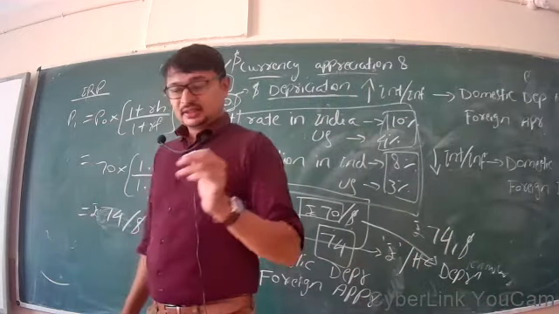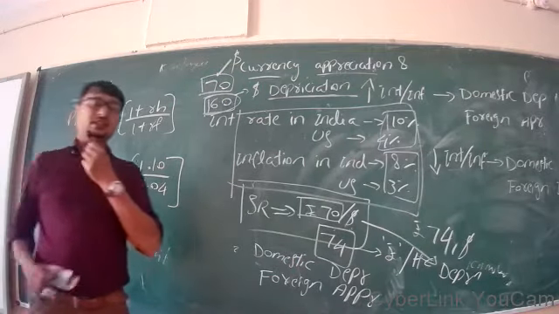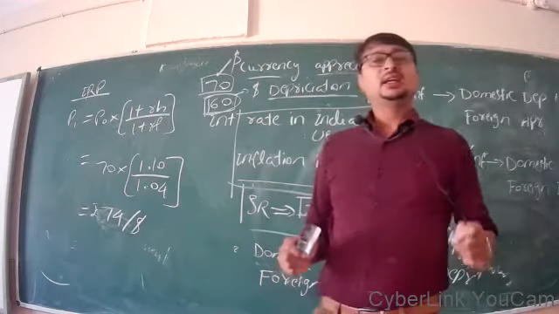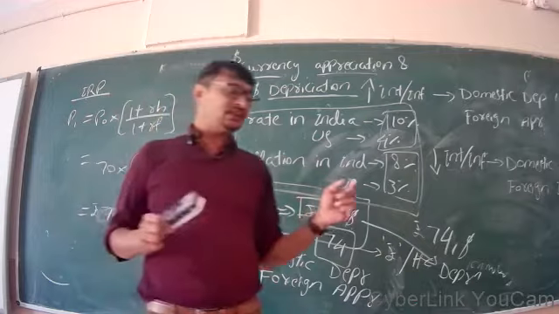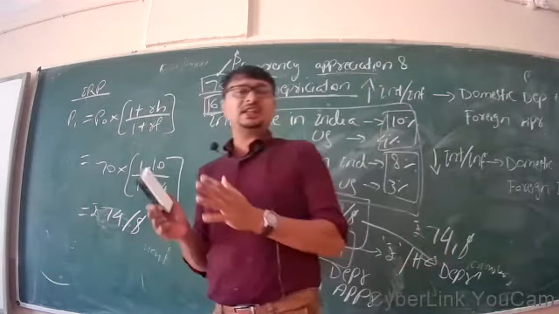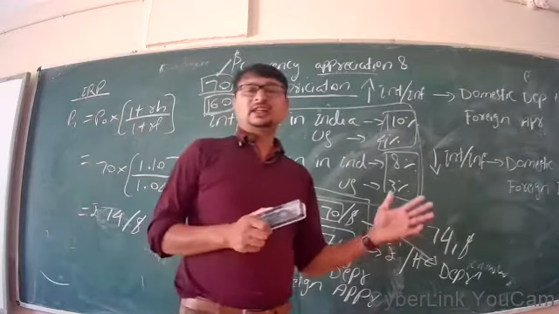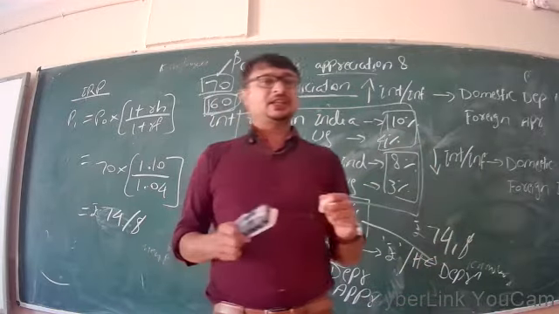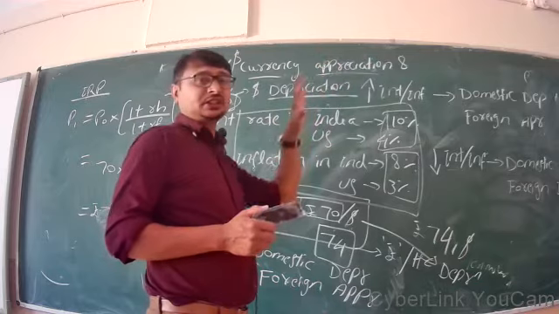When interest and inflation rates are comparatively greater in the domestic country, the domestic currency will depreciate against the foreign country's currency, the foreign currency will appreciate. This is what currency appreciation and depreciation is.